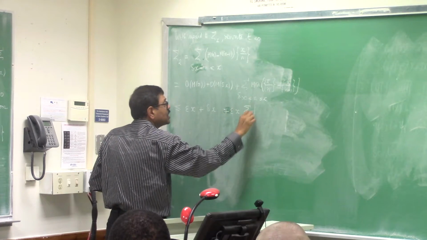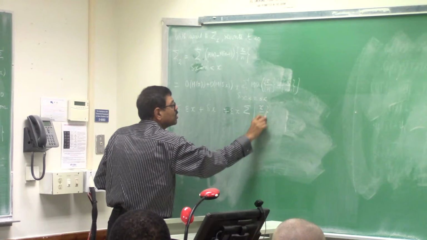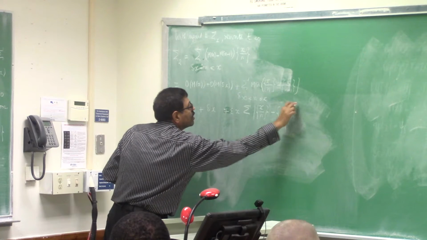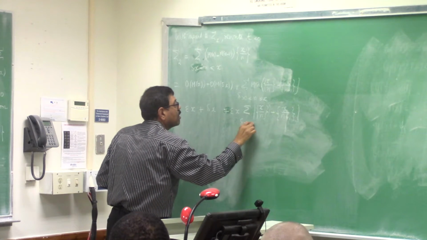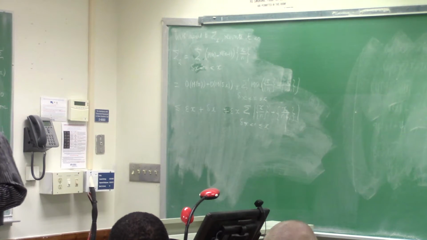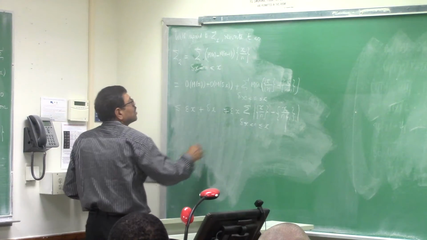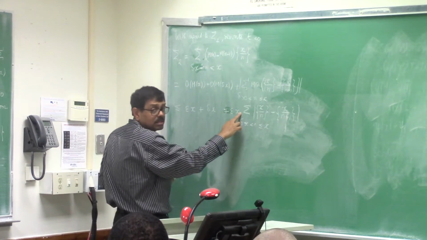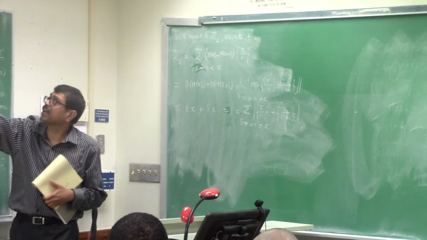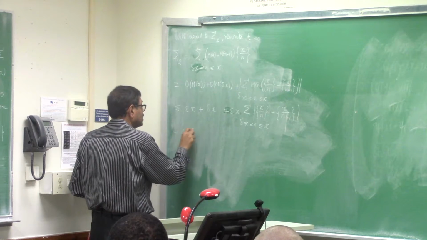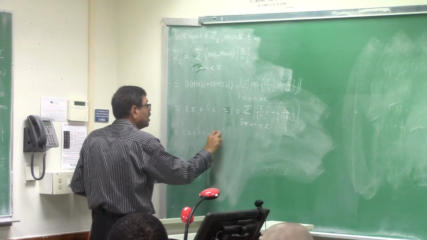And now I'm going to have the sum of the fractional part of x over n minus the fractional part of x over n plus 1. Agreed? I've chosen the biggest possible size for M of x in absolute value. I've taken this out like this, and given M of x is little o of x. Now what is this? Epsilon of x plus delta of x plus epsilon of x.